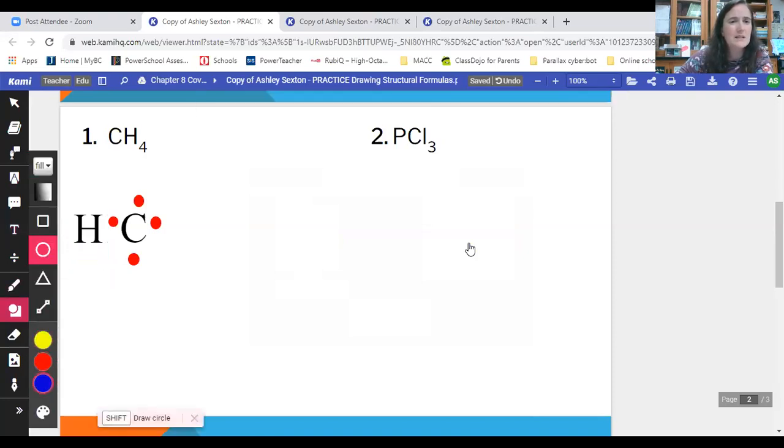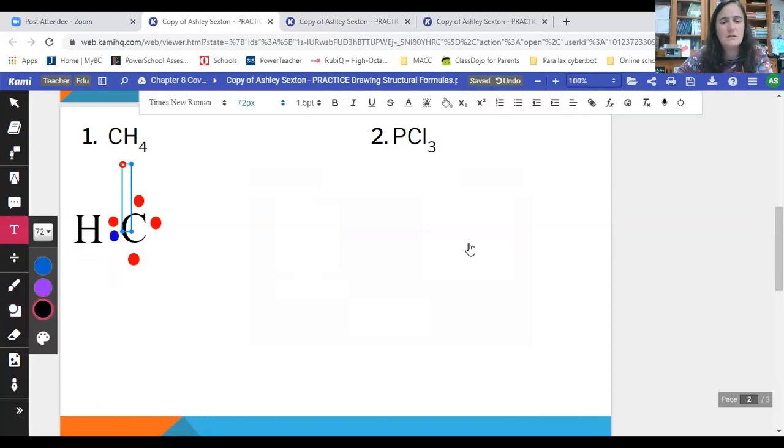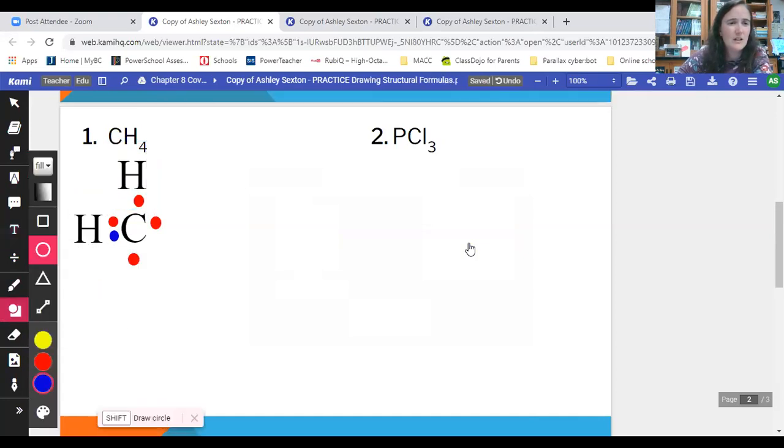Okay, that was hydrogen's, and now it's sharing it with carbon. I'm going to do another hydrogen right here above, and another dot to represent that was hydrogen's electron that it's now sharing with carbon.